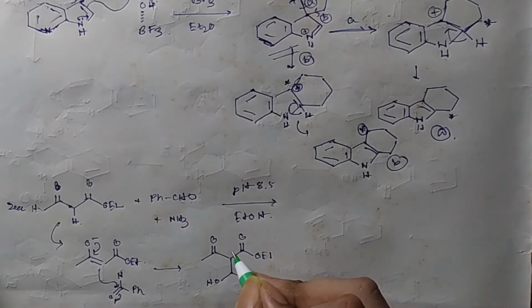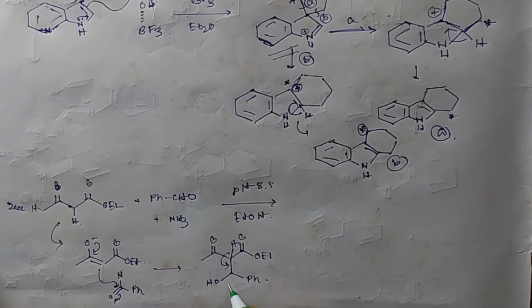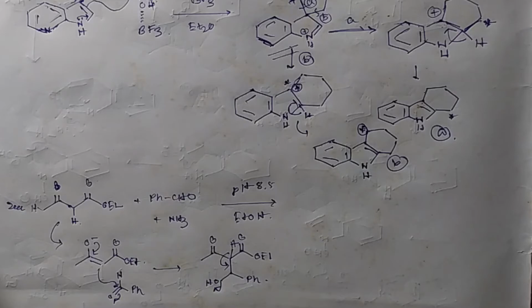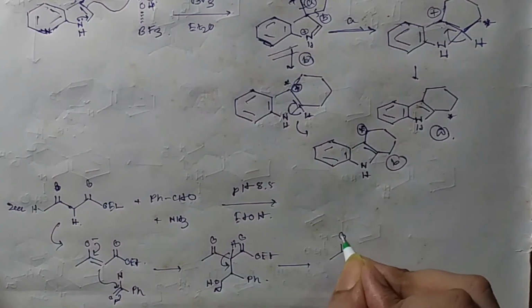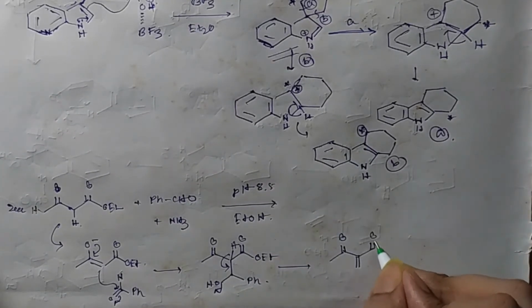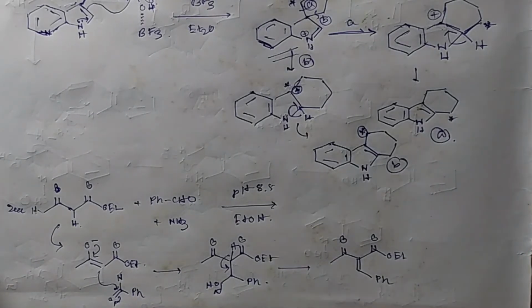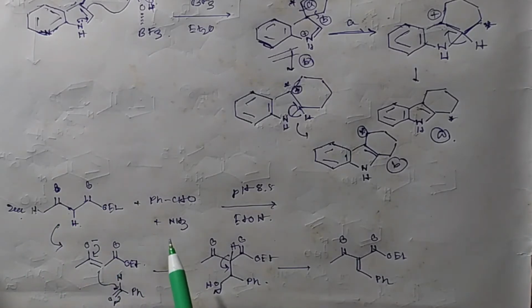Now again in the basic medium there is another proton which is acidic, this will eliminate, and this goes back, and the proton from the ethanol will also help to eliminate this, so you will get an unsaturated carbonyl. Now there is another equivalent of this active methylene compound, so that will again create the same type of enolate.